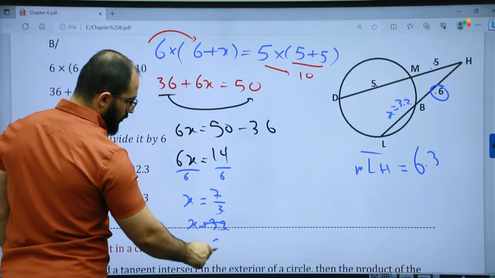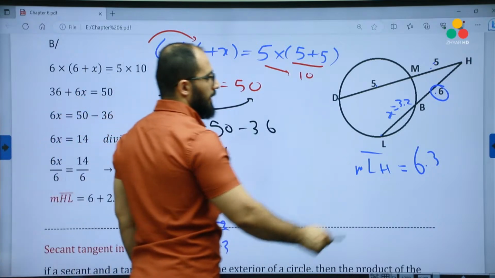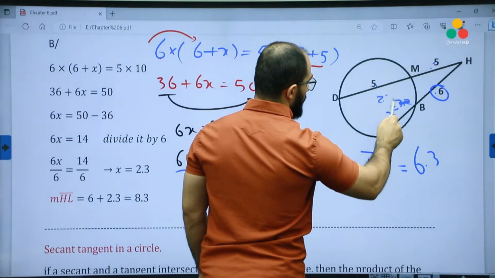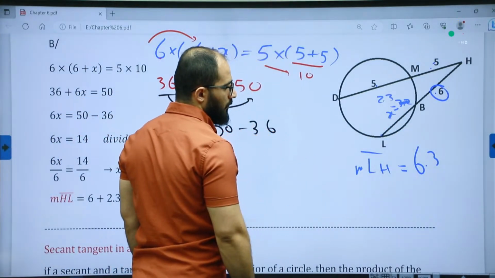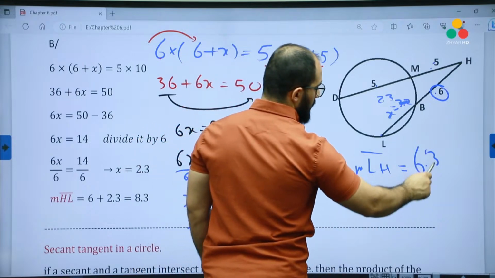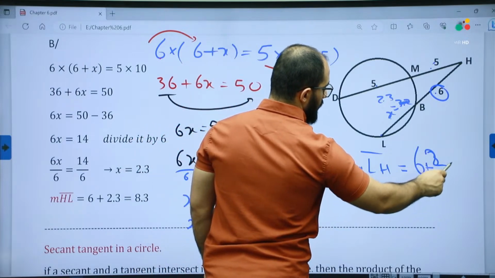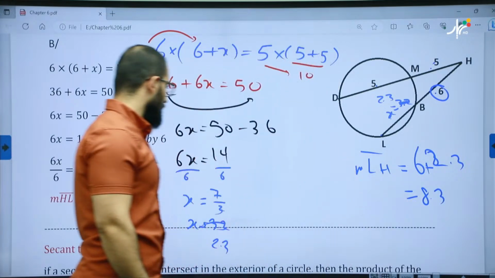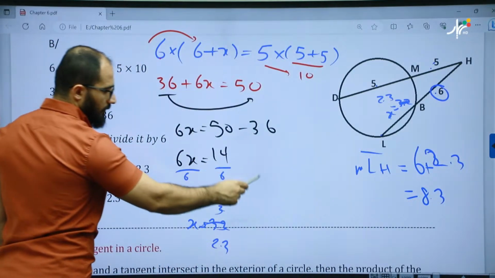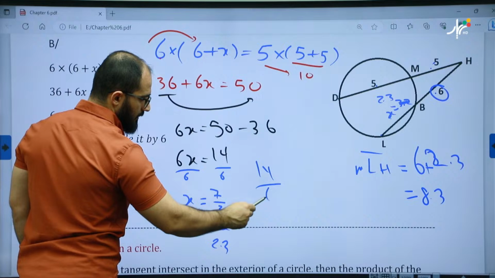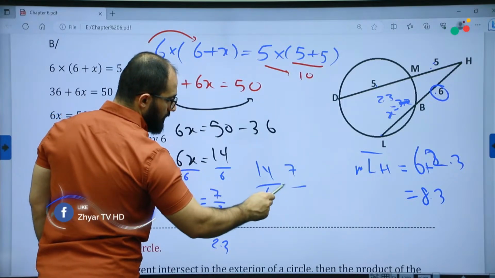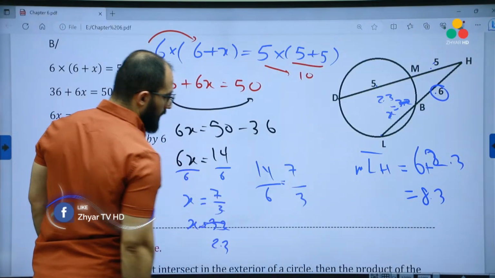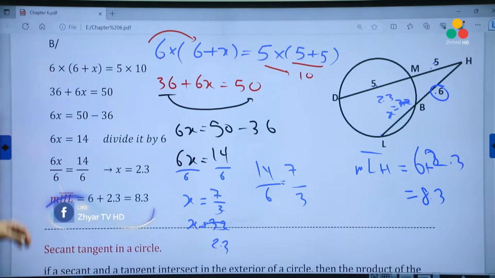Okay, so the answer is 2.3. X is 2.3, not 3.2. So 6 plus 2.3 is equal to 8.3. When you want to simplify, it's 14 over 6 divided by 2 is 7, divided by 2 is equal to 3, then it's going to be 2.3.